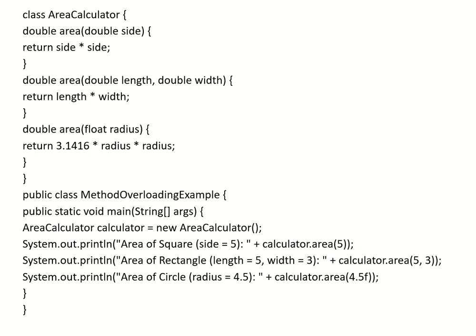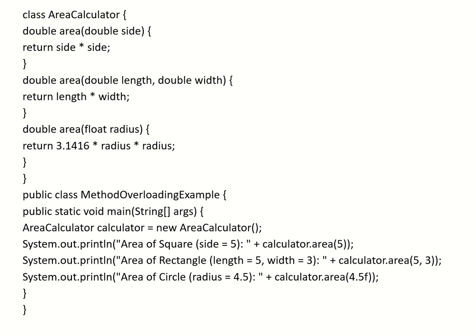Next is an area calculator using method overloading. Here area is the common method name. There is double area with double length and double width, and a side version. We return the area of a square, the area of a rectangle having length and width, and the area of a circle with only the radius, which is a floating point value.